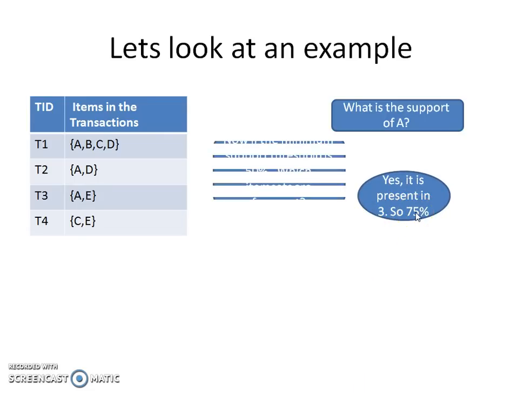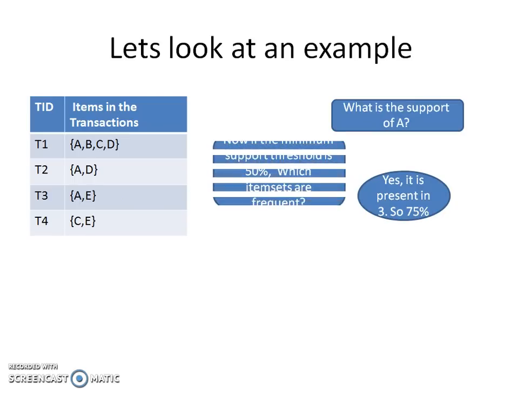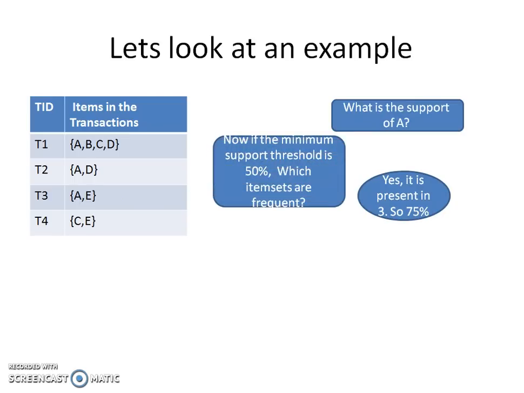Now, next. If the minimum support threshold is 50%, which item sets are frequent? So, we will have to compute the frequency of each and every item set. Here we have A, B, C, D as well as E. Now, you will have to check how many transactions each of the data items occurs in.